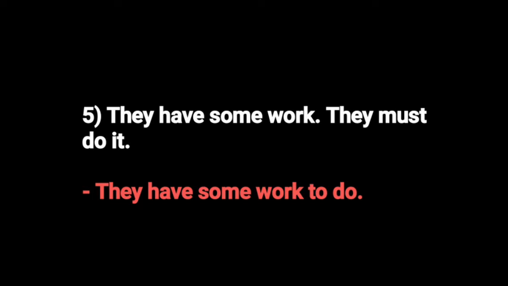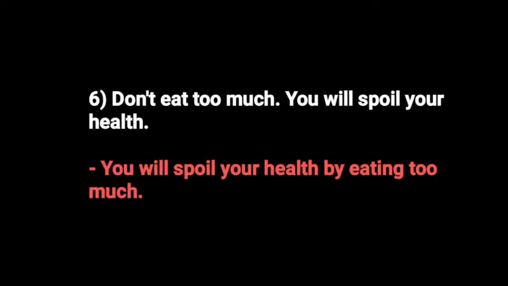These are two different sentences, and to make a simple sentence, we use the infinitive, which means to plus verb. So the sentence is: They have some work to do. This is a simple sentence, using the to plus verb form, the infinitive.